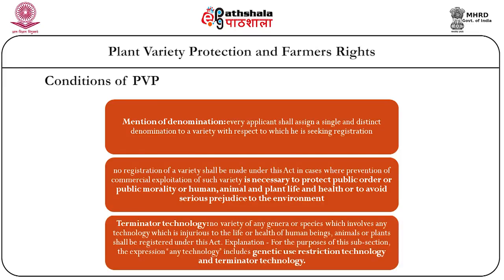The Act says that no variety or any genus or species which involves any technology which is injurious to the life or health of human beings, animals or plants shall be registered under this Act. Explanation: for the purposes of this section, any technology includes genetic use restriction technology and terminator technology.